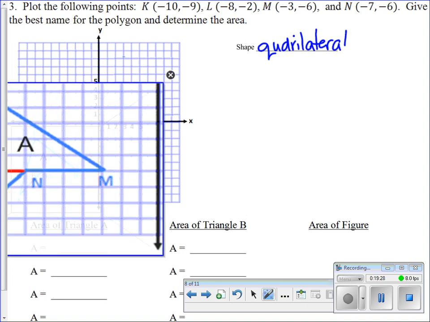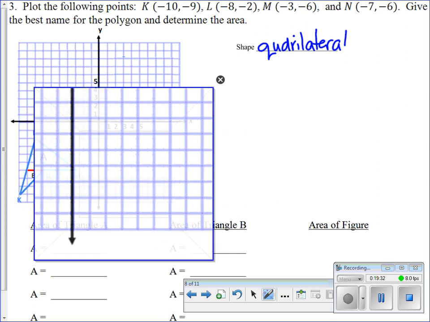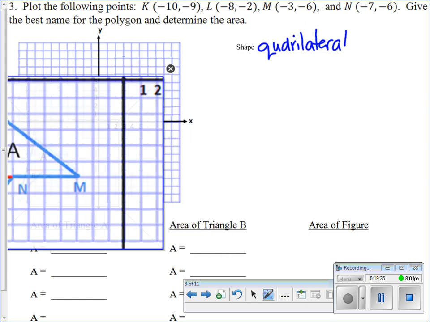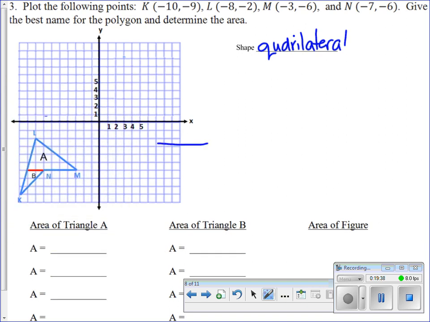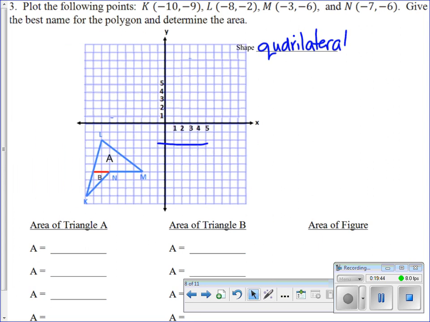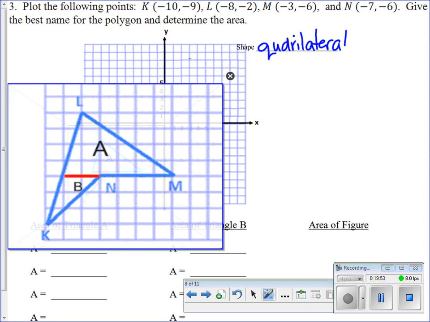Let's see. Oh, it won't let me move it over. All right. Let me see if I could try that again. All right, so now if we look at just that, can I find the height?